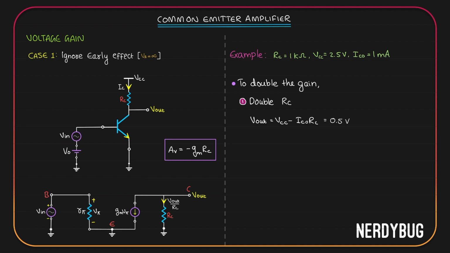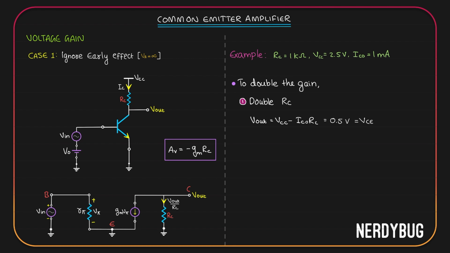See the circuit again. We have V output here. This is collector. This is emitter. And then it goes to ground. So basically, V output is the voltage that we get between the collector and emitter. V output is equal to VCE in this case. So if V output becomes 0.5 volt, basically VCE is becoming 0.5.